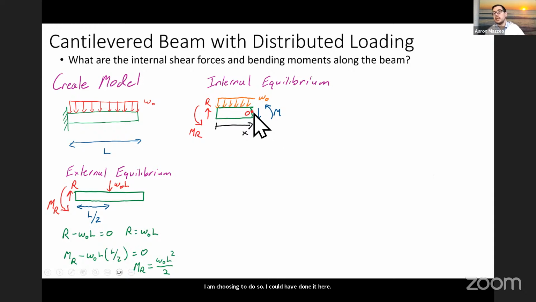One advantage that people like about putting this point for summing the moments at the slice's location is that you do not have to account for the contribution of the shear force, which, while it may not be too difficult in many cases, can sometimes be a little bit complicated.